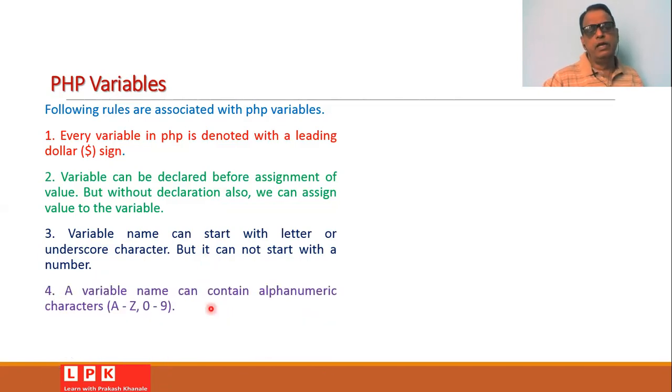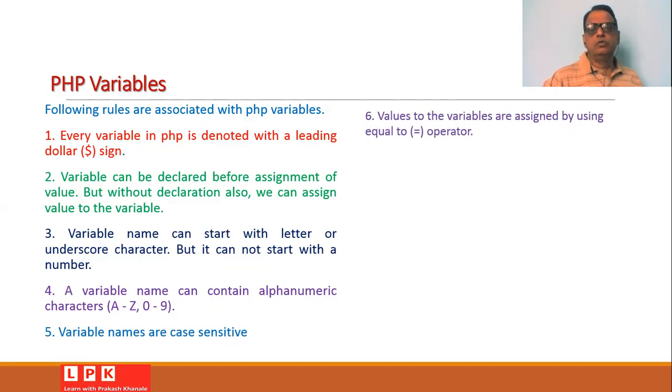A variable name can contain alphanumeric characters, such as A to Z, capital or small, or numbers from 0 to 9. And as I told you, variable names in PHP are case sensitive. That is, if you write the same variable name in small letters, it is treated differently from that in capital letters.